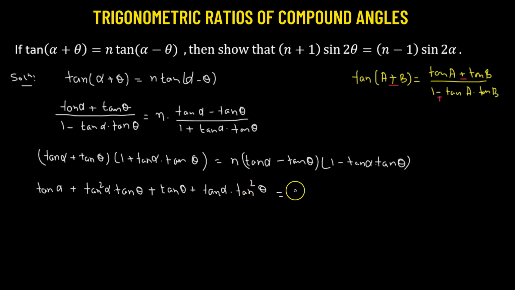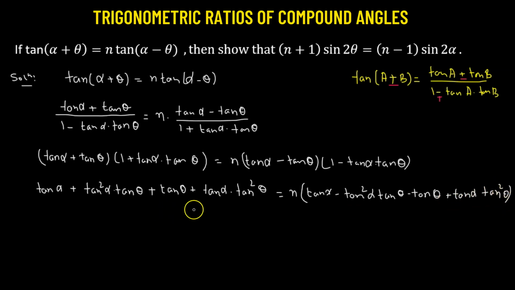Similarly, on the right, let's keep n as the common factor. Here we'll get tangent alpha minus tangent squared alpha times tan theta minus tangent theta plus tangent alpha multiplied by tangent squared theta.